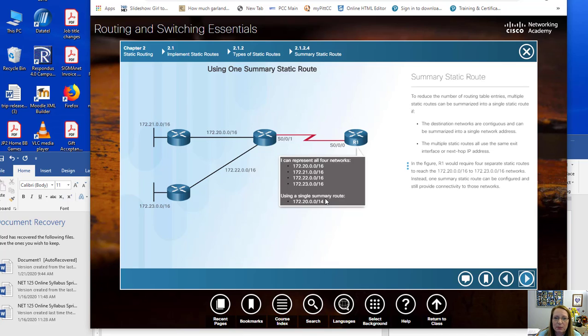Well, when a router is matching up things in the routing table, in this scenario they would have the 172.20.0.0, 21.0, 22.0, 23.0, or you could go in and manually summarize all of these into one route, and then the router only has to go through one match as opposed to 4. So you may not always get it down to one route. Even if you go from 4 routes to 2, that's better than one route.